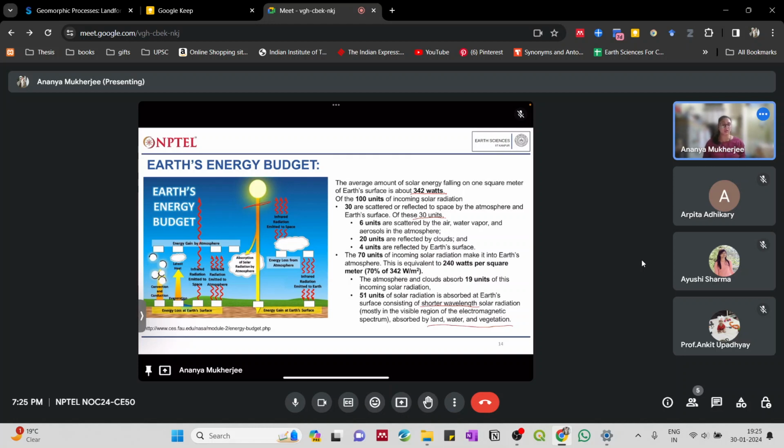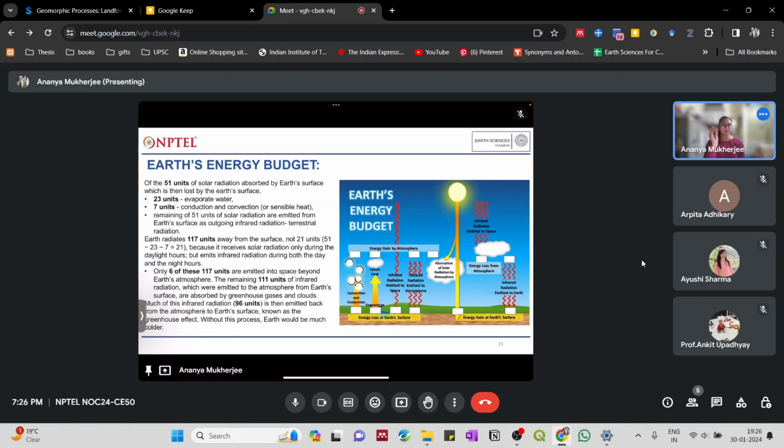So 51 units of the incoming 100 units. You can see that almost half of the energy coming to the Earth is not being utilized by the Earth per se. Almost half of it is gone outside or absorbed by something, so we are left with only a bit more than half of this energy.